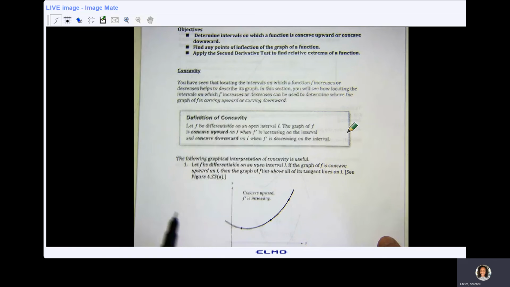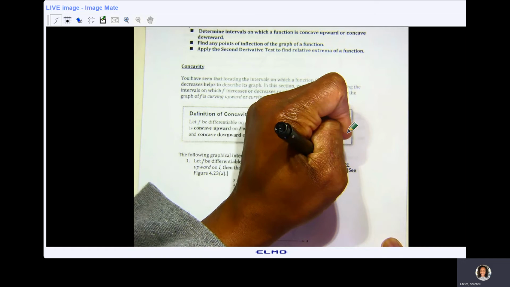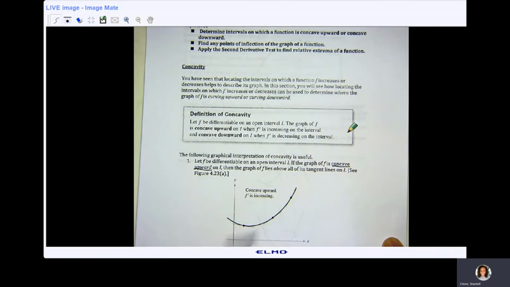Remember, the tangent lines are just where we create a line through some point along the function, okay? And the slope of the tangent line tells us what the slope is at that certain point along the function, okay? So when it's concave up, the function lies above all of the tangent lines.